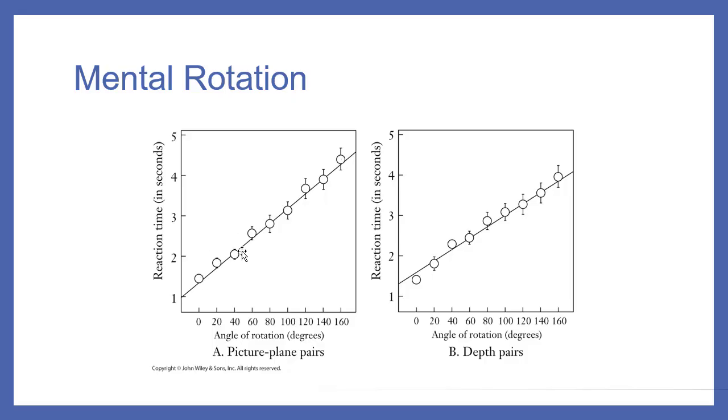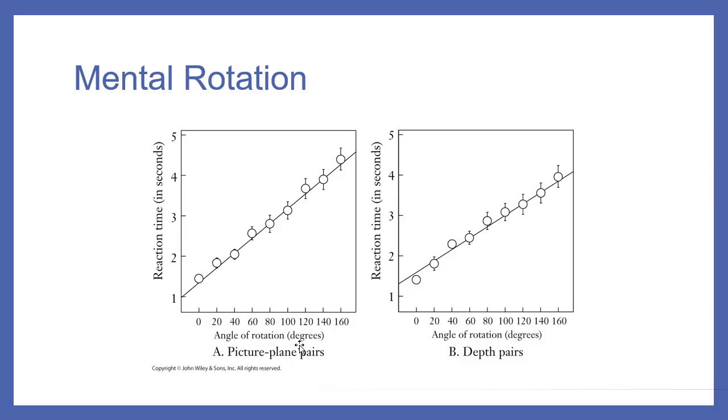So what this means is that it takes longer for your brain to rotate an image based on how far apart the two images are rotated from one another. And that's one of the most interesting findings that came out of this mental rotation task: it's not just how it is rotated, but how far it is rotated.